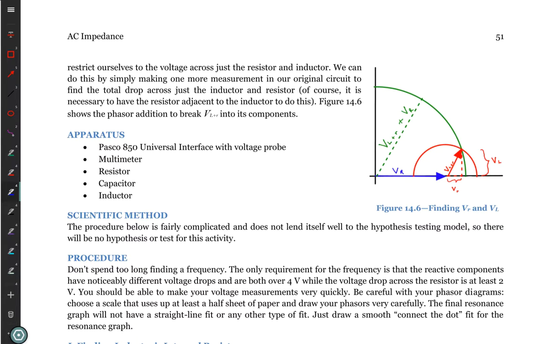Then notice I have 2 circles. The red circle starts at the end of V across the resistor and has the radius of the voltage drop across the inductor. So your voltage drop across the inductor, cheating by looking at her paper, is 12.01 volts.